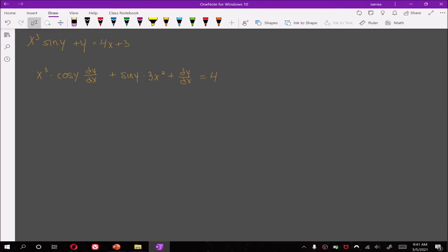All right, now the idea here is we want to keep dy dx terms all on one side. So what we'll do is take the terms that do not have a dy dx, which are 3x squared sine of y and 4, and move them to one side. Let's just move this 3x squared sine y over to the right-hand side by subtracting it.